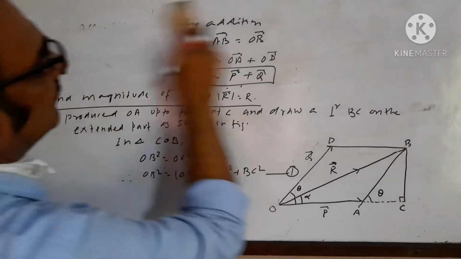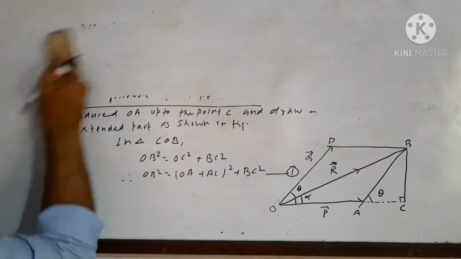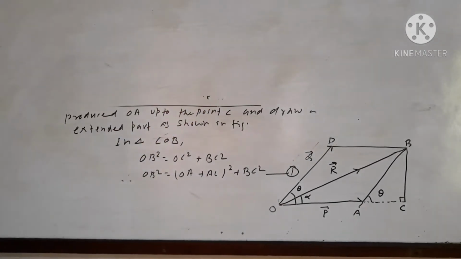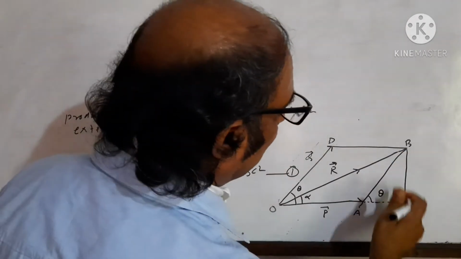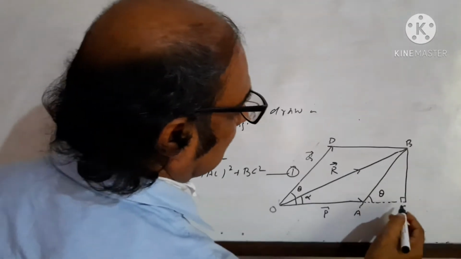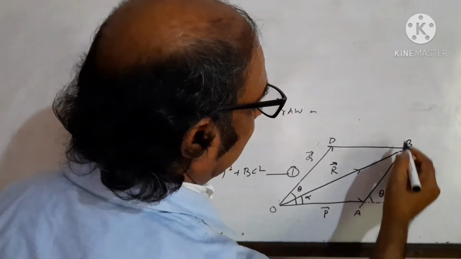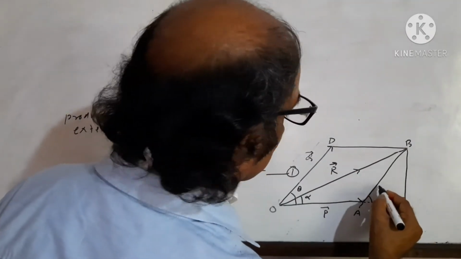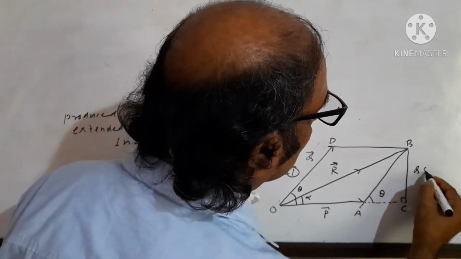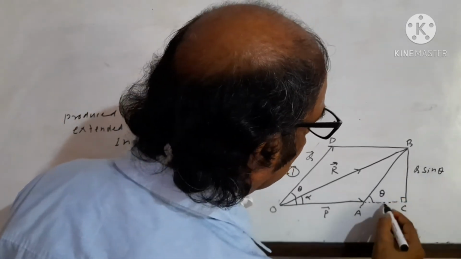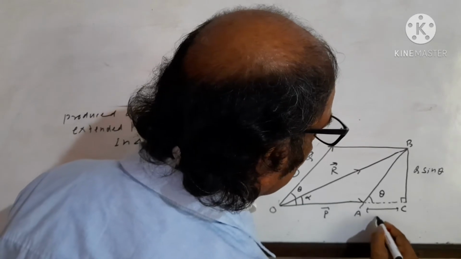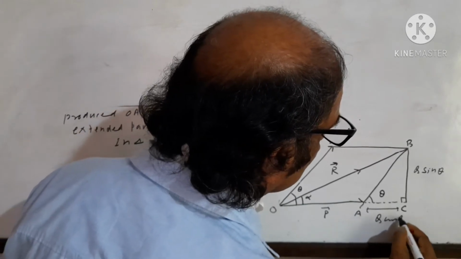And now come here. In triangle CAB, this side is Q, so this is Q sin theta, and this is Q cos theta.